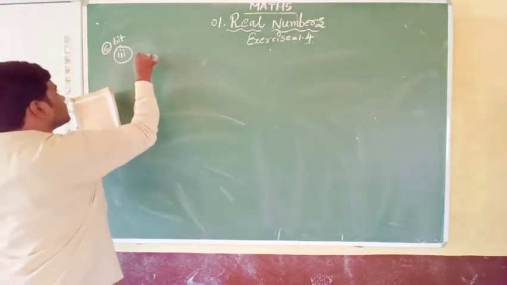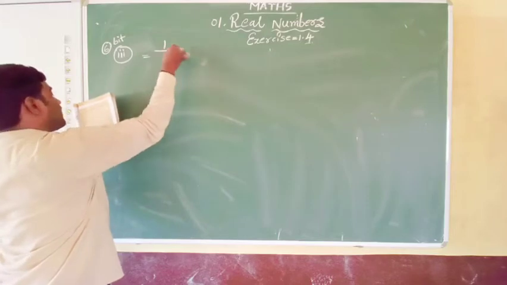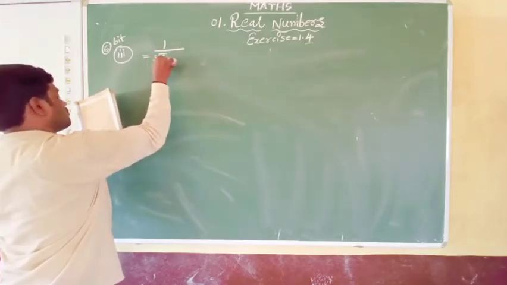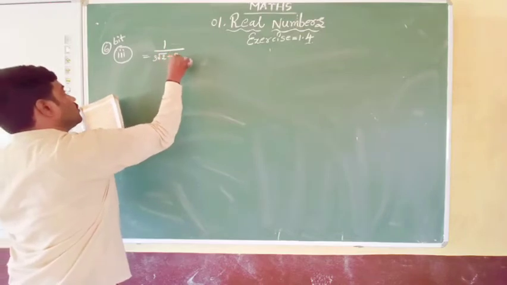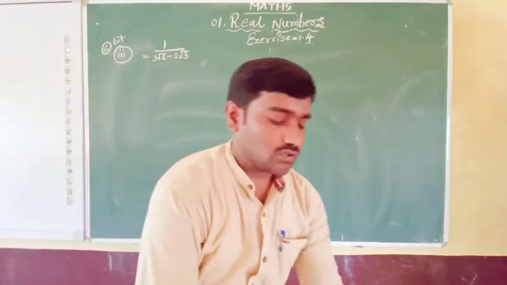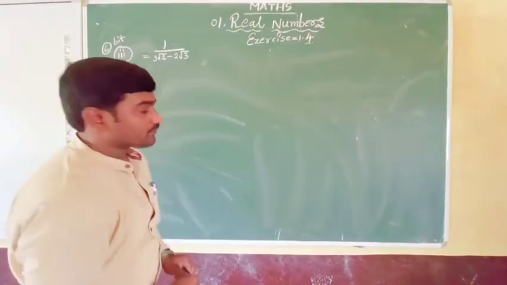Sixth week, third one: 1 by 3 root 2 minus 2 root 3. Okay, let us do it.